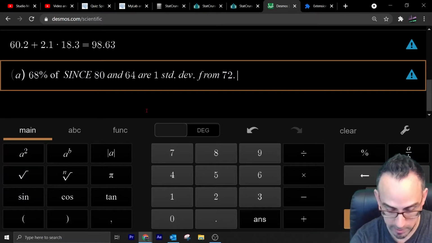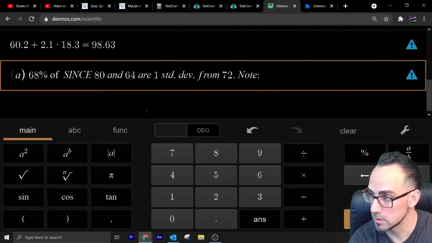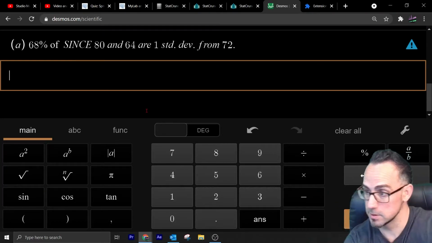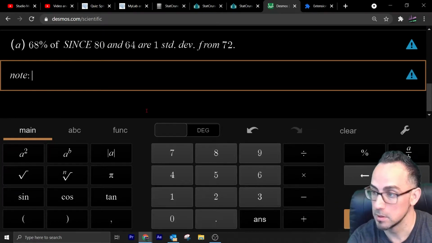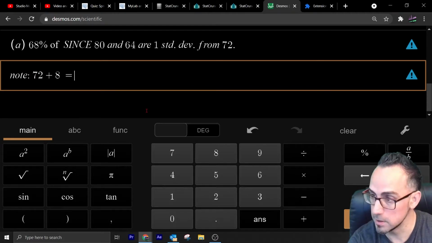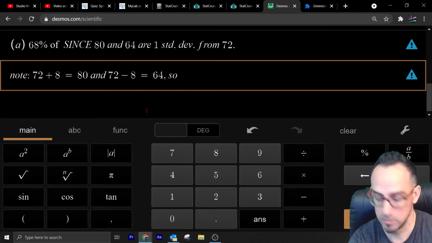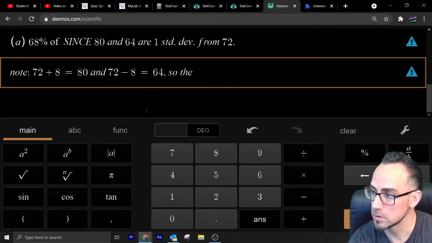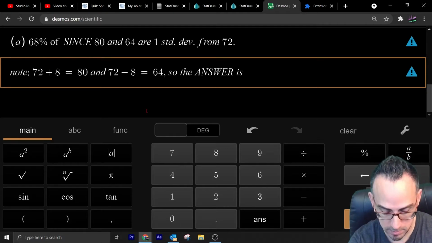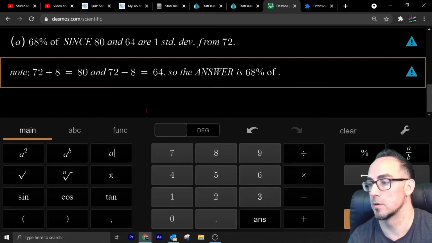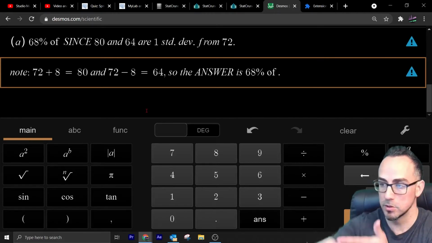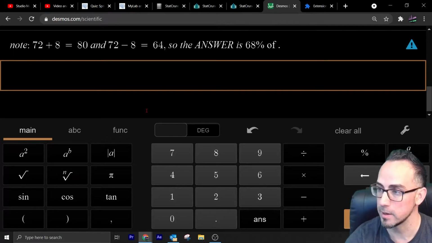You can say something like, note, 72 plus 8 equals 80, and 72 minus 8 equals 64. So the answer is 68%. You're sort of showing it mathematically. Those are two ways to show your answer for part A.